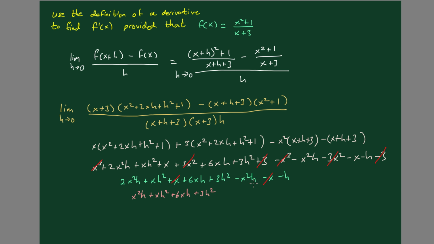Oh, I'm sorry, we already combined the minus x squared h already, so we neglect that. Let me erase this. Because we combined this term with this term. So we just have this, this, this, and a combination of this and this.